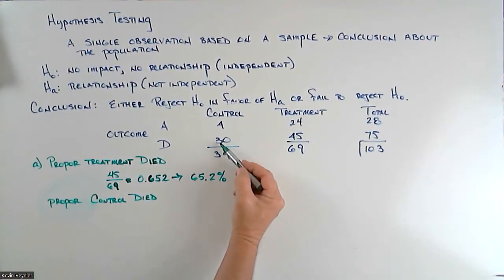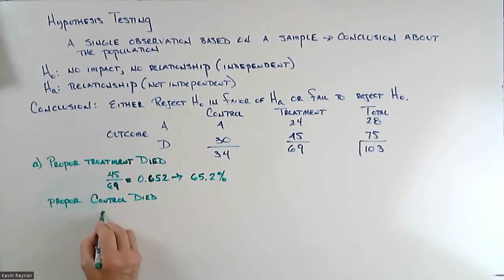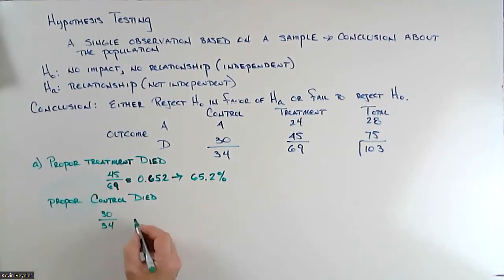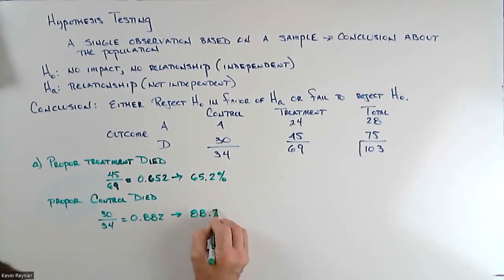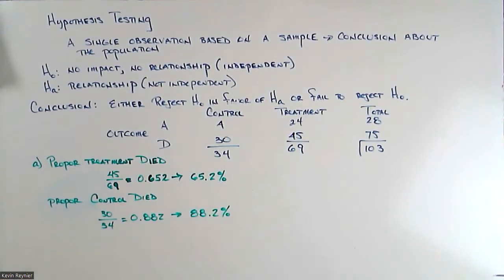And there, for died in the control group, we have 30, unfortunately, out of 34. And again, I already did this math. This turns out to be 0.882 or 88.2%. Okay, so that's all they asked us in part A. Part A said, what proportion of patients in the treatment group and what proportion of patients in the control group died? And so that's what we have.